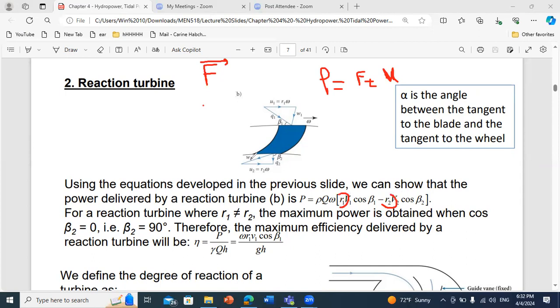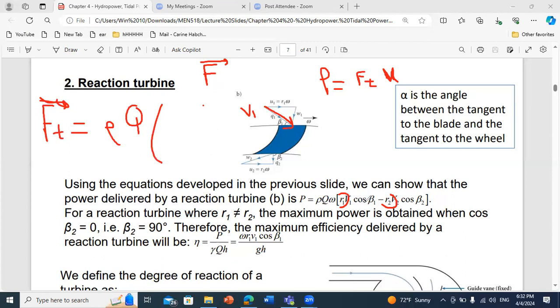So what we should do is, at the inlet, we have a velocity v1, and since we care for the tangential force, when we write the total tangential force developed, Ft, it is equal to m dot, and we know that m dot is rho times Q, times the tangential velocity component at the inlet.